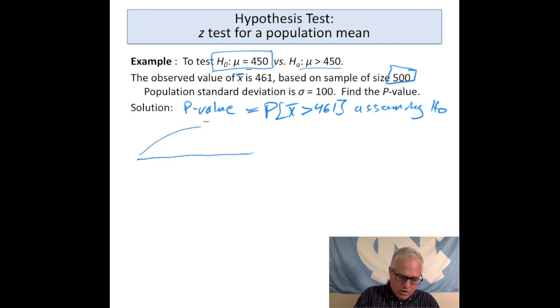Okay, to find this probability, I would draw a curve. I know the mean is 450 under the conditions of the null hypothesis, and I want the probability, so this is X bar, the probability that X bar is greater than 461.